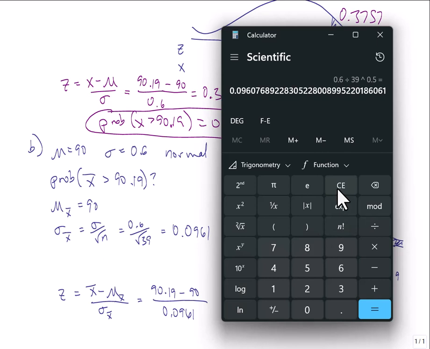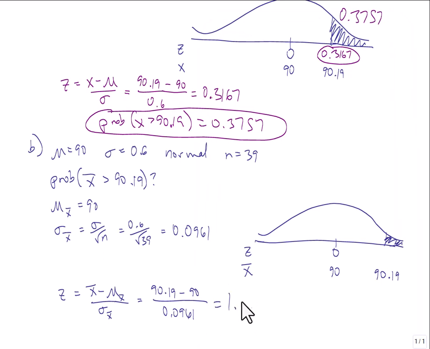Whip out the calculator. Let's see what we get. So I'm going to get 90.19 minus 90 all over 0.0961. Okay. So I'm getting 1.9771. A lot of places the standard is to put the z-score to 2 decimal places.